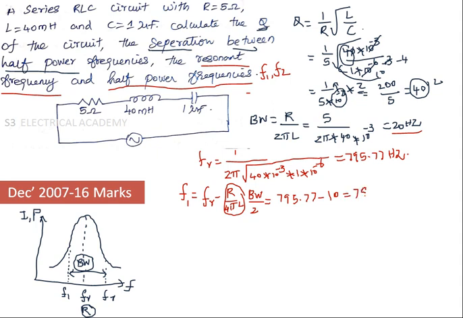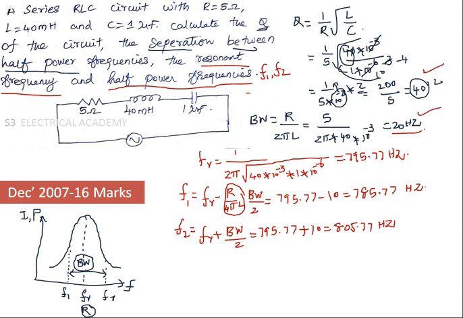So 785.77 hertz is the lower cutoff frequency. F2 should be equal to FR plus R by 4 pi L, that is half of bandwidth, which is 795.77 plus 10, which is equal to 805.77 hertz.